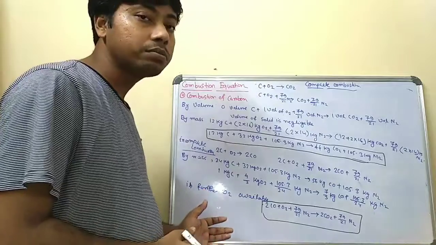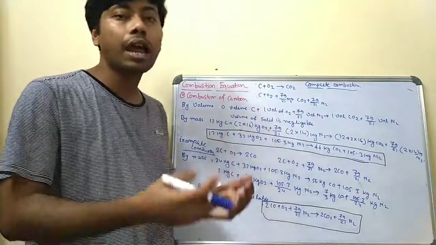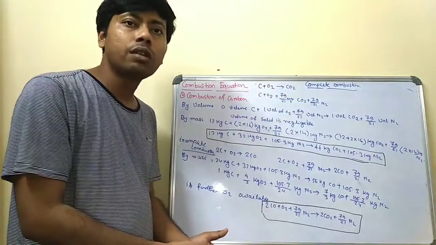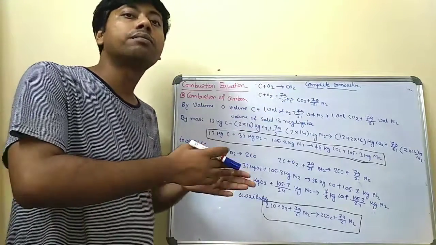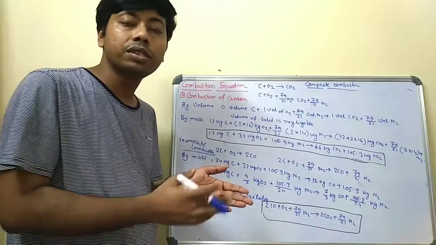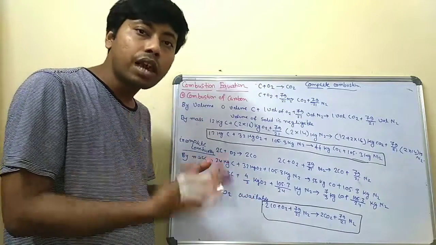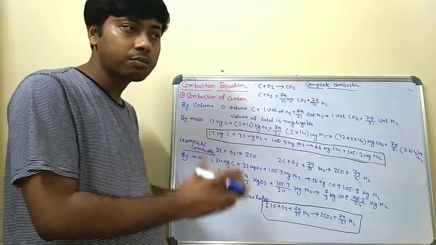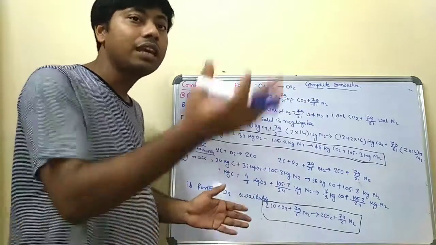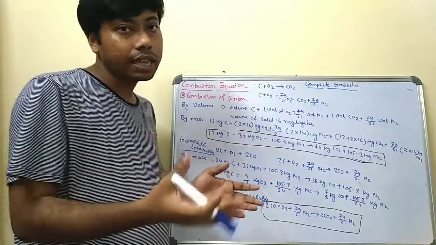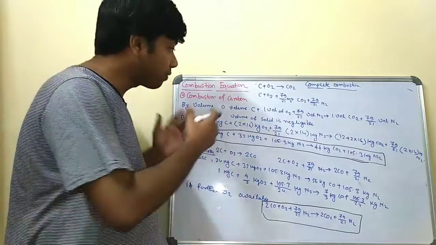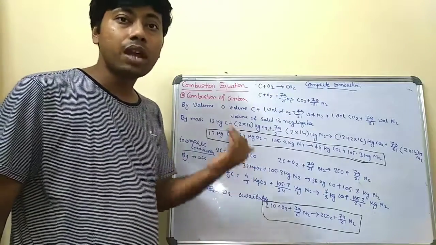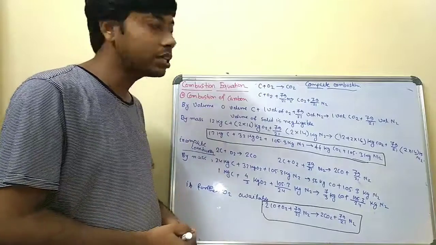In complete combustion, the carbon is transformed into carbon dioxide in one step, but in incomplete combustion, the carbon is transformed into carbon monoxide, then reacts with oxygen, and then again forms carbon dioxide. So this is the final expression of the combustion of carbon, and the previous one was the combustion of hydrogen. So these are the combustion equations.